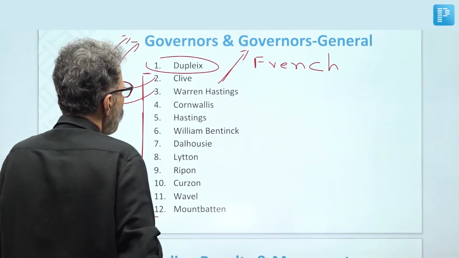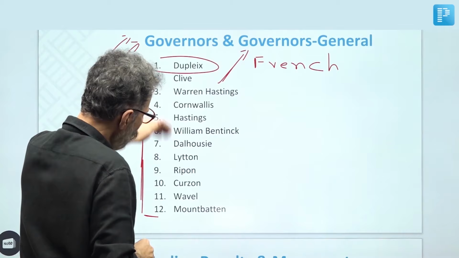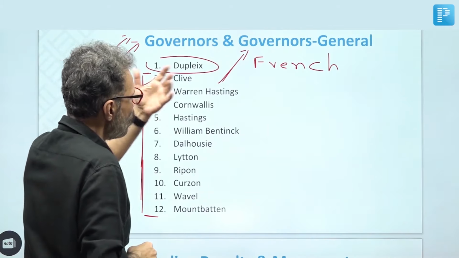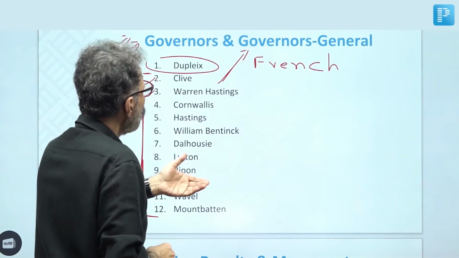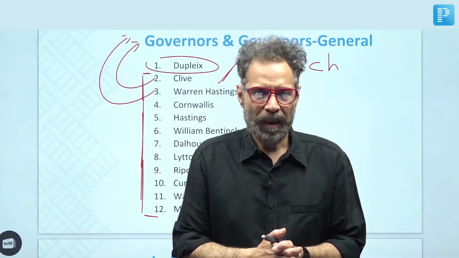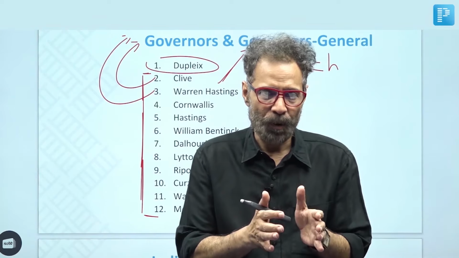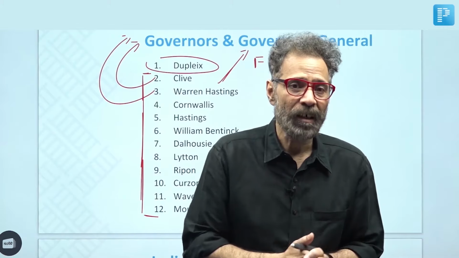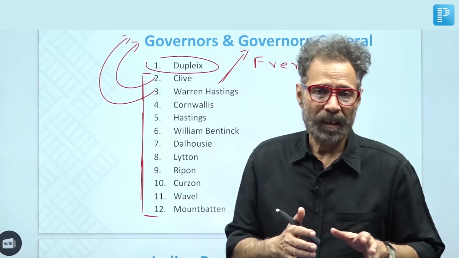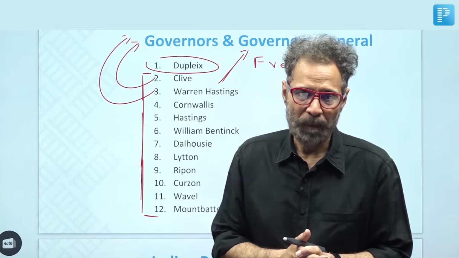And then from Cornwallis onwards, all are either Governor Generals of Bengal or Governor General of India. How this happened, from Governor of Bengal to Governor General of Bengal, finally to Governor General of India, is the subject of discussion that I will do in the subsequent lecture.